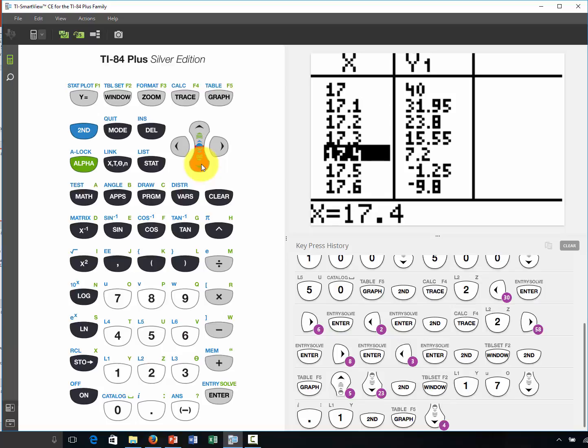So these are positive numbers, and then as soon as I get to 17.5, there's a sign change. If we need to be more precise, we can start at 17.4 and count by 0.01 or even 0.005, whatever you'd like. So you can take it to whatever number of decimal places that you need.